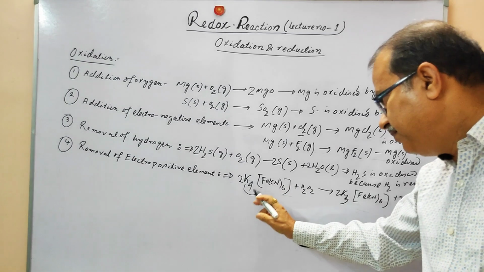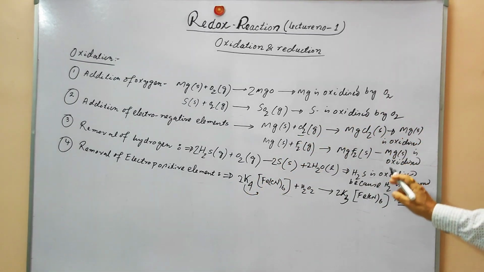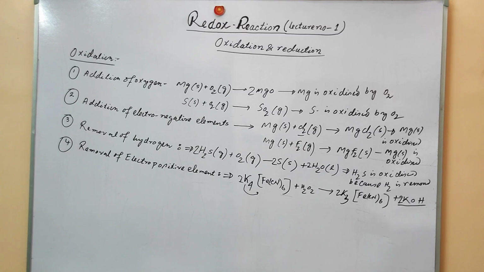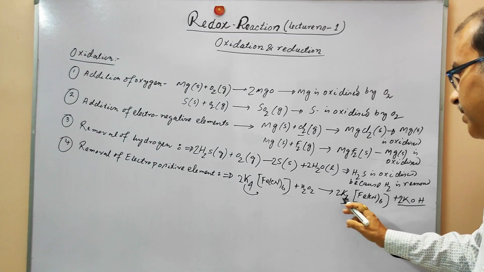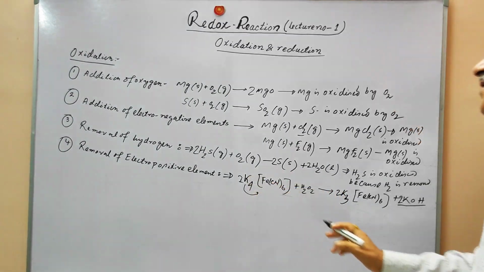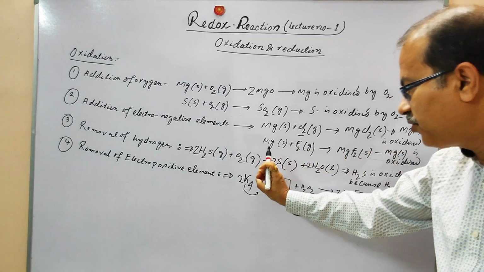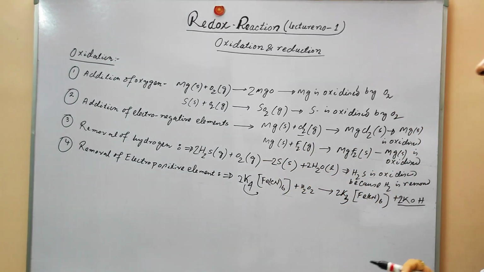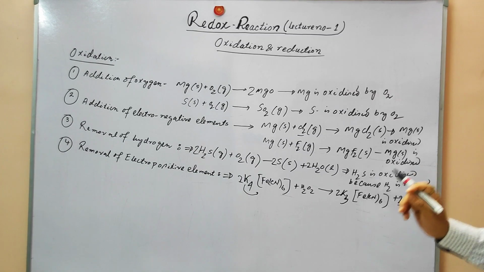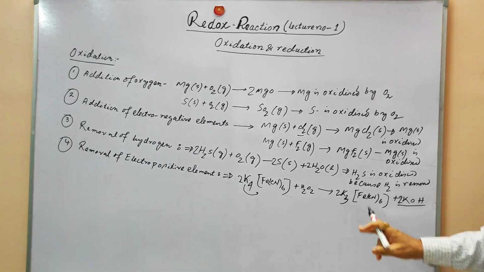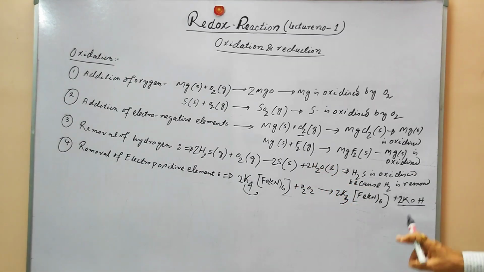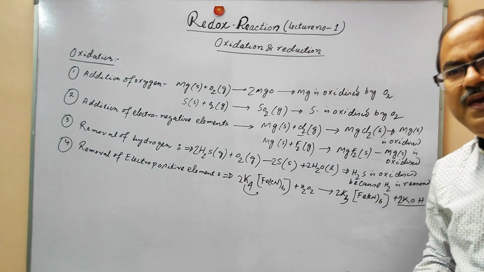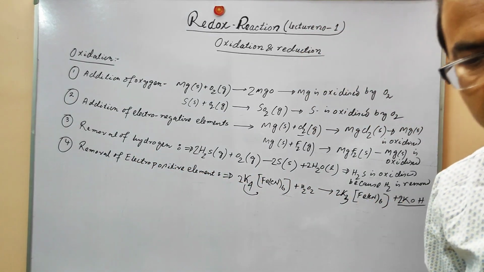Potassium ferrocyanide has been converted to potassium ferricyanide. Here you can see the potassium has been removed from potassium ferrocyanide, and that is why we say it is oxidized by H2O2. So the removal of an electropositive element is also an oxidation reaction.